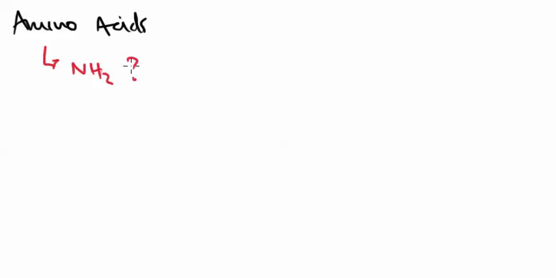Then I take a look at the word acid, and I think of acid as far as organic chemistry goes, and this is probably a proton donor, so it has a hydrogen to give off. And back last semester in a different course, we actually talked about the most common type of acid in organic chemistry, and these were carboxylic acids.